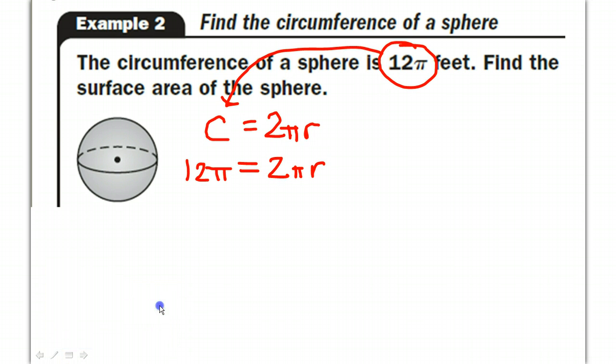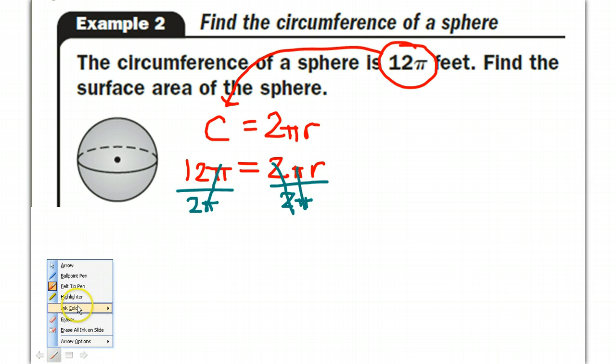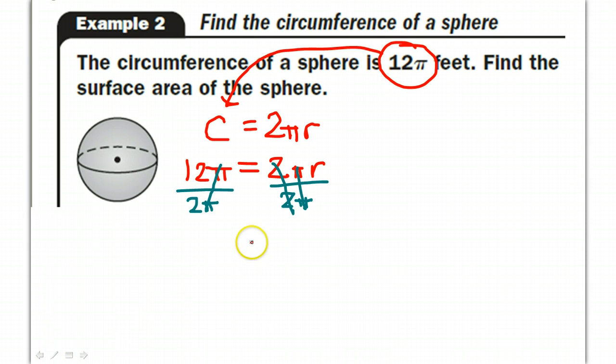Divide by 2 pi, exactly. That way these pi's cancel out completely, and we just have 12 divided by 2. So we're just going to get 6. Okay, the radius is 6.